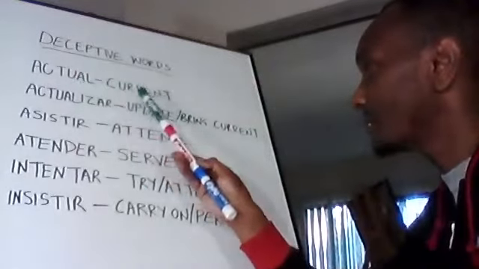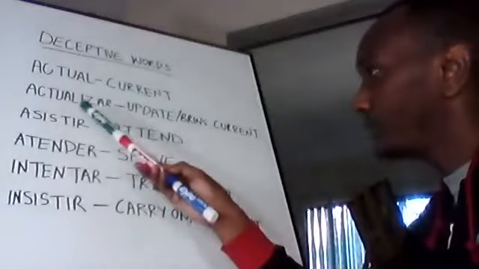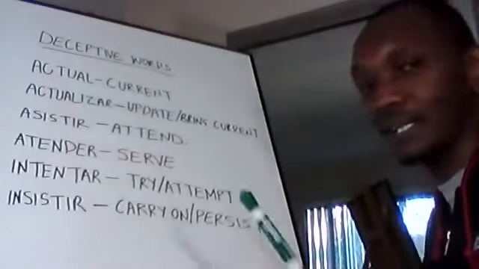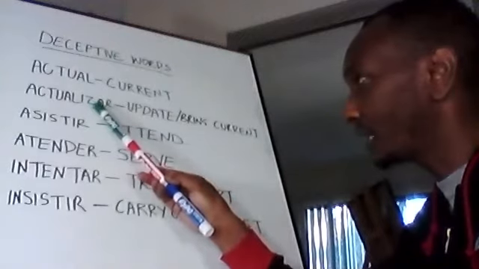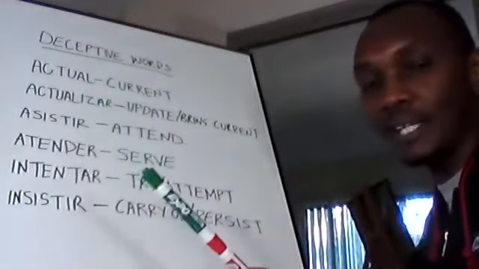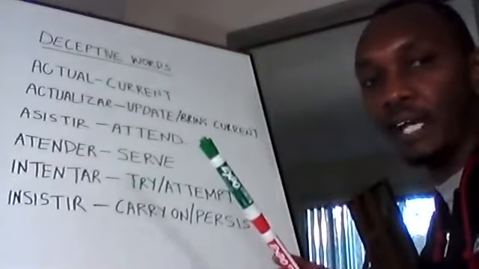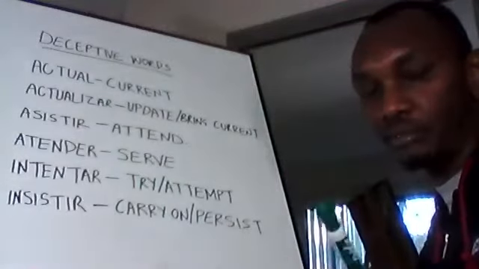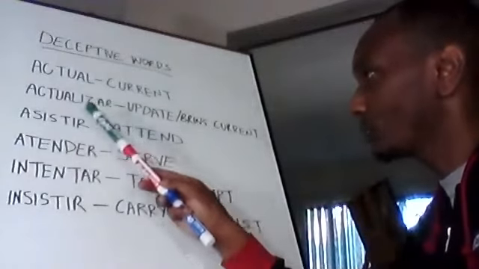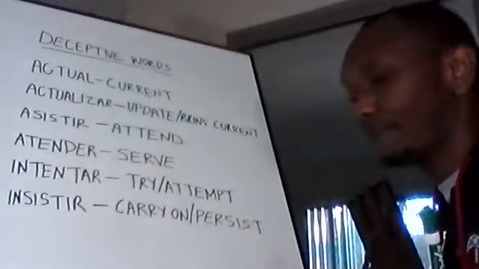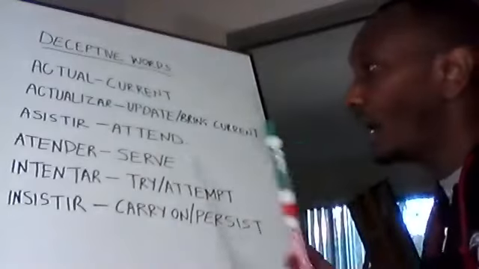Actual means current. Now the verb actualizar, and again, the Z there has a C or S sound in Spanish. Refer to my video on the alphabet. Actualizar is not going to mean actualize.